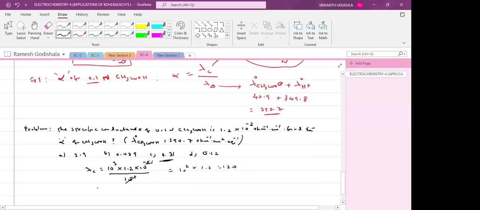The next step is alpha equal to lambda C by lambda infinity, or lambda 0. So 120 by 390.7 is approximately 0.31.